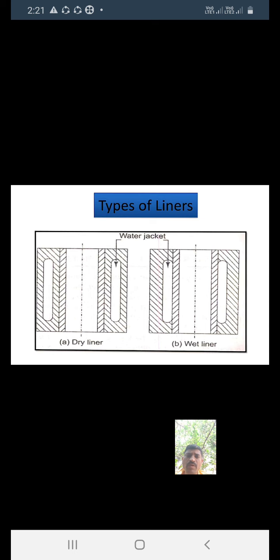Then which type of material is used to make the cylinder liner? Material should be strong, hard and corrosion resistant, and should provide a good bearing surface. Good bearing surface, remember that.